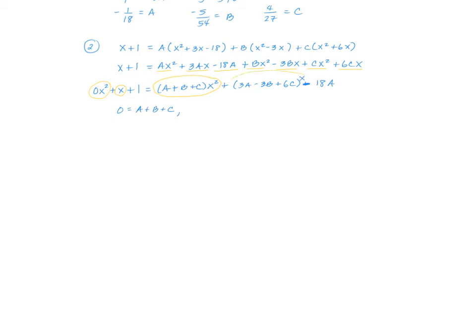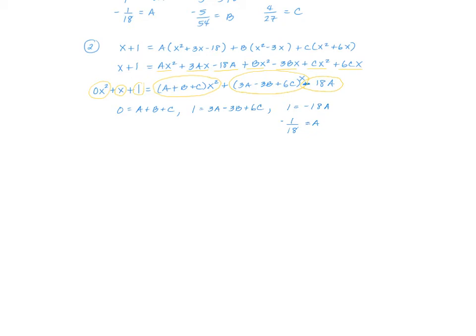And I have 3a minus 3b plus 6c times x. So it must be true that 1 is equal to 3a minus 3b plus 6c. And what's really nice about this last one is the constant 1 has to be equal to negative 18a, and I get my a right away, which is exactly what we had using method 1.